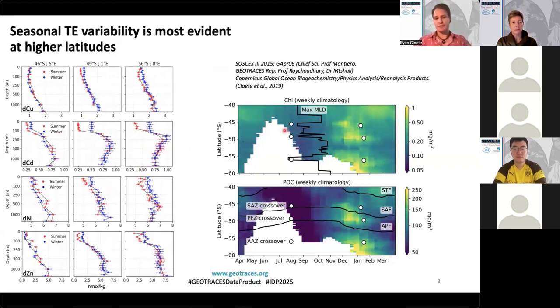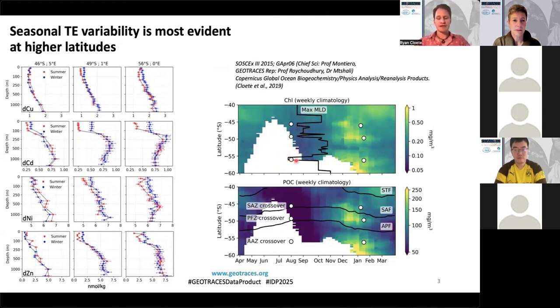Moving on to these right panels, these are Hovmöller plots. The top panel is weekly chlorophyll climatology, and the bottom is particulate organic carbon. And on the top I've shown by this black line where in the year the maximum mixed layer depth is reached.